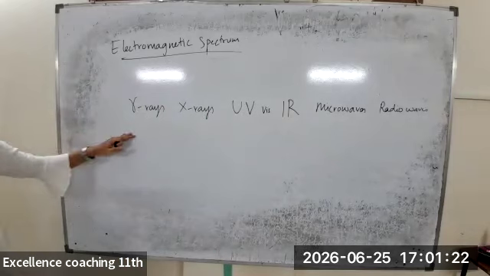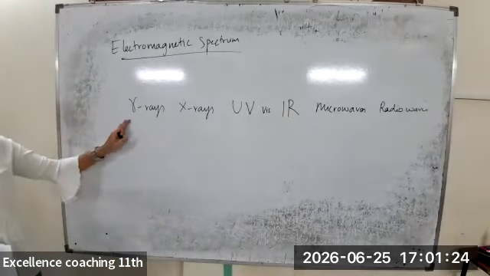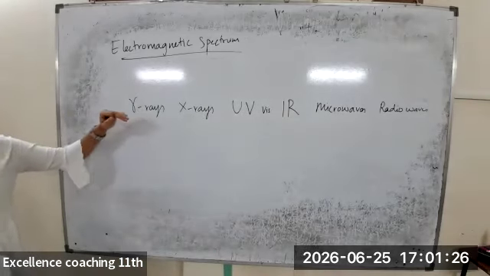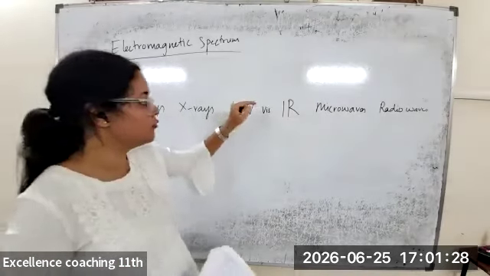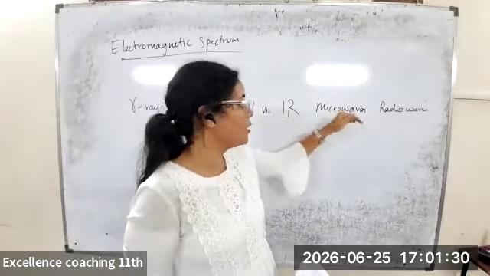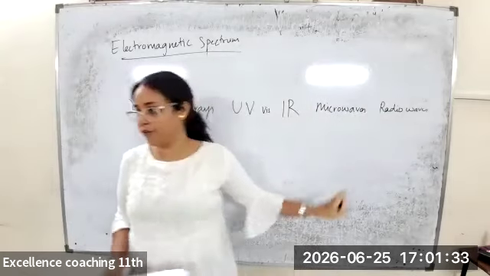So we have 7 types of rays: gamma, X-rays, UV, visible, IR, microwaves, and radio waves.